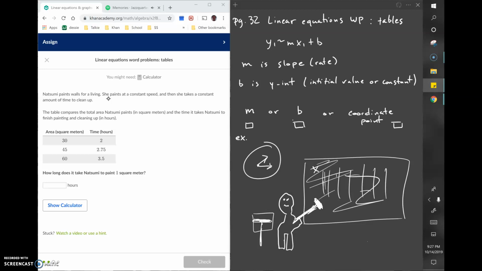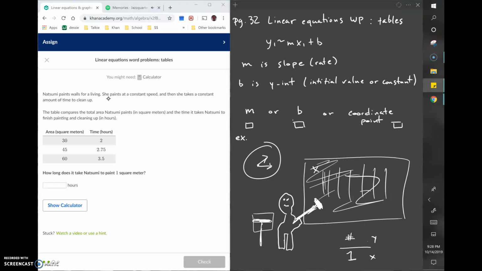Okay, and the question says, how long does it take Natsuma to paint 1 square meter? So 1 square meter would mean that there's 1 in the denominator, because y over x, we know that meters are represented by x, and we're trying to figure out what that y value is.